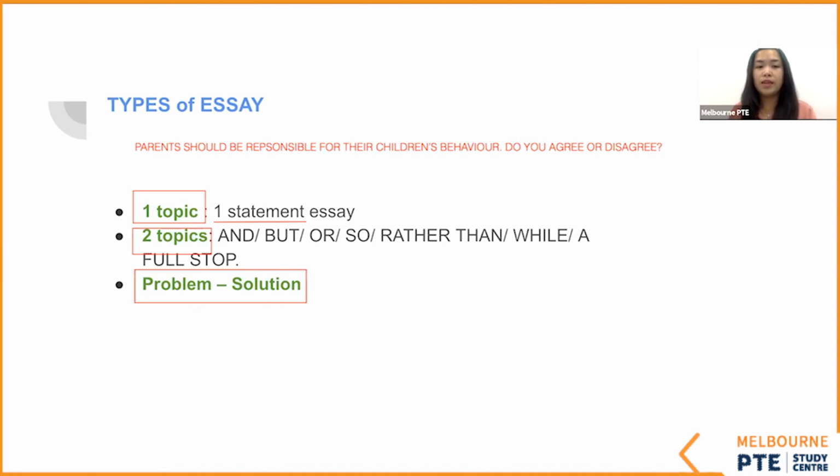Now, two topic essay. Normally for a two topic essay, I want you to pay attention to these words. These are the words that will help you find out it's a two topic essay. So these are the hints for you. All right.